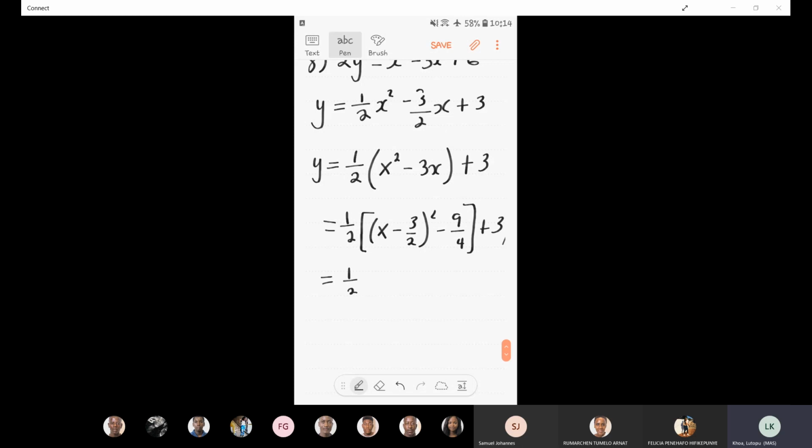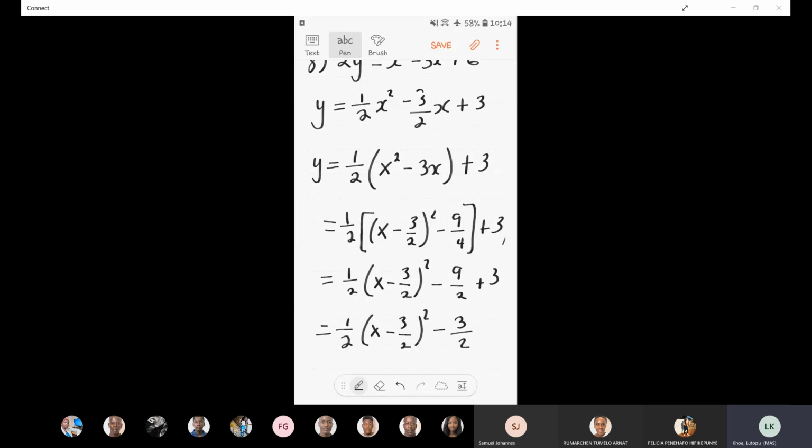So this is a half (x minus 3 over 2) squared, and then I have minus 9 over 2 plus 3. 9 over 2 is 4.5. Negative 4.5 plus 3, I should end up with negative 3 over 2.